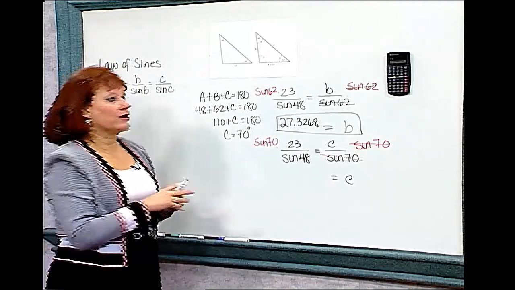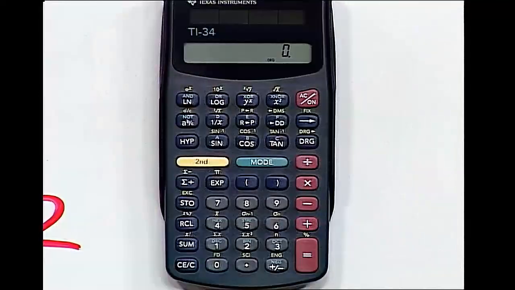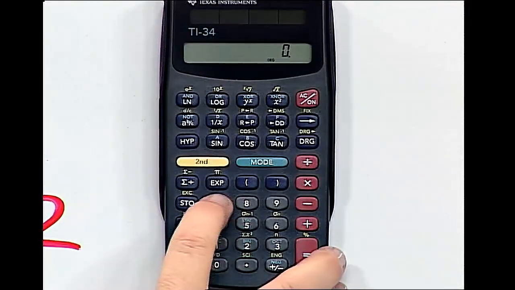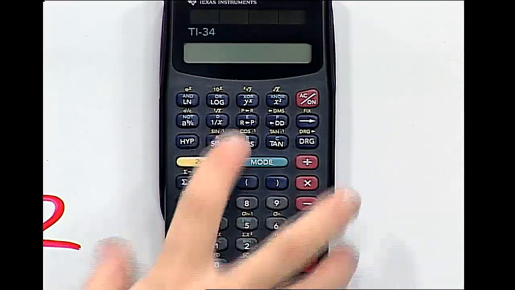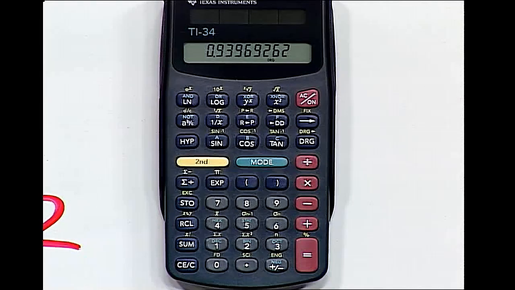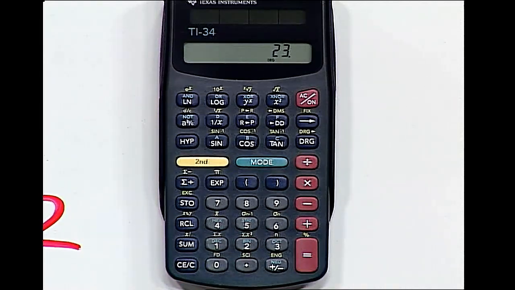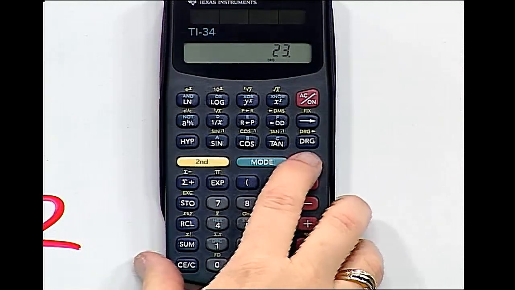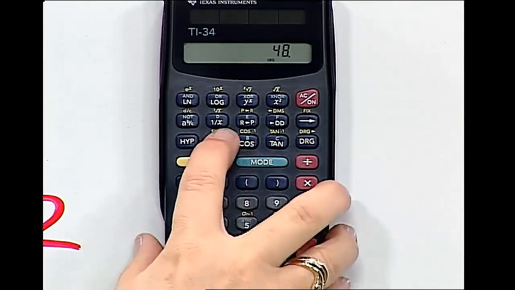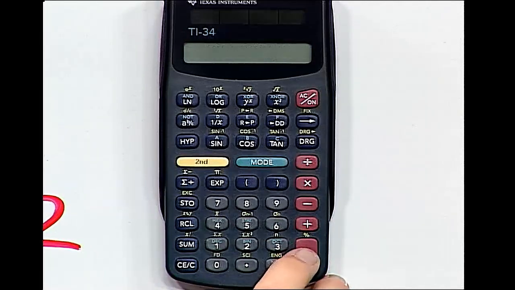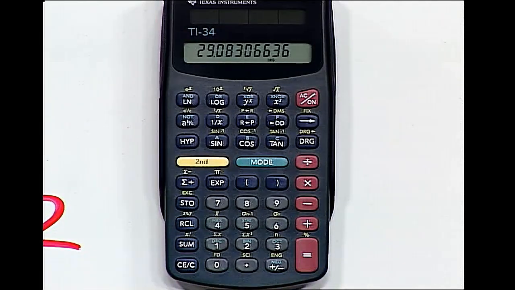So crossing to the calculator, I'll clear it out, and I'll start with sine of 70. So I'll put in 70 sine. I'll multiply it by 23, and I'll divide it by the sine of 48. Divided by 48 sine. And I'll be sure to hit equals at the end, and I get 29.0831.